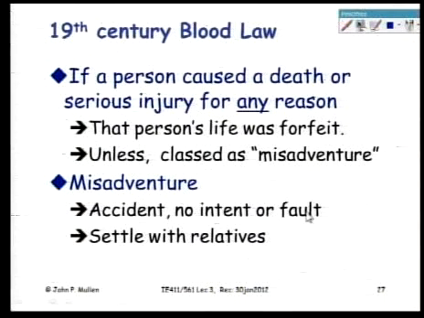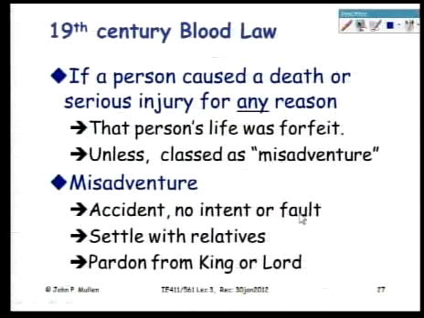Generally, you end up settling with the relatives. Restoration now. Might agree to support somebody. And in some cases, you may need a pardon from the king or the Lord. And if you just look at that for a little bit, you realize that if you're wealthy, it's more apt to be a misadventure than if you're dirt poor. But anyways, that's how it was on the books.